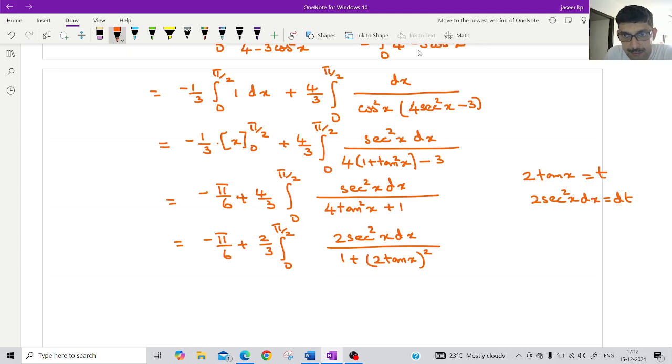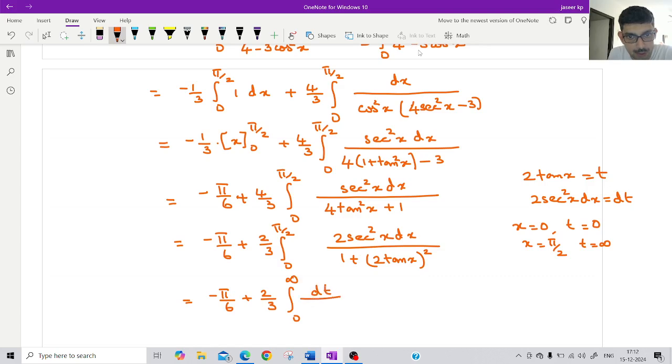As far as the limit, when x equals 0, t is also 0, and when x equals pi by 2, t will be infinity. So the integral will become minus pi by 6 plus 2 by 3, 0 to infinity dt by 1 plus t square.